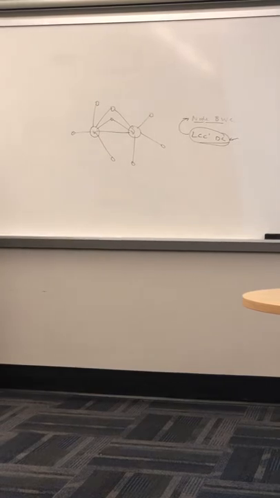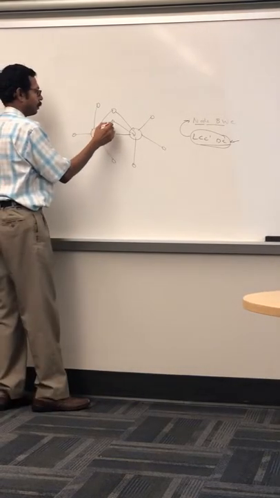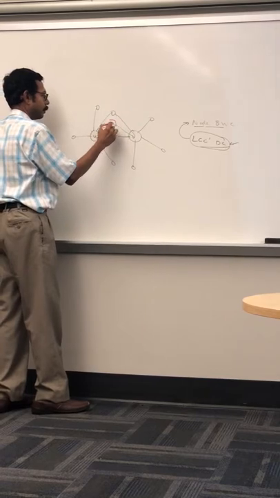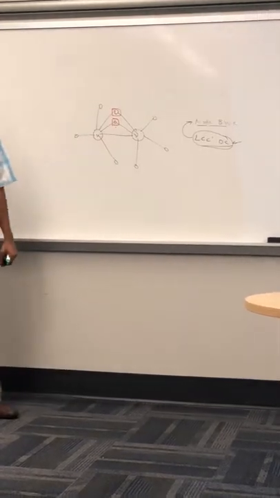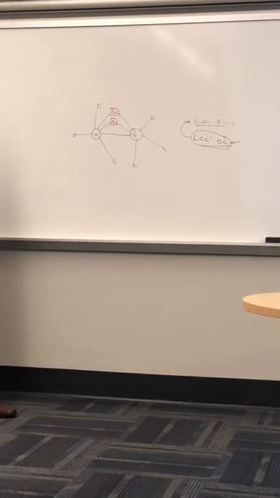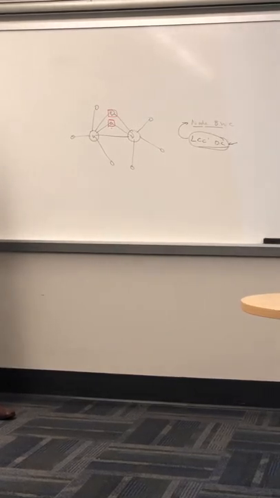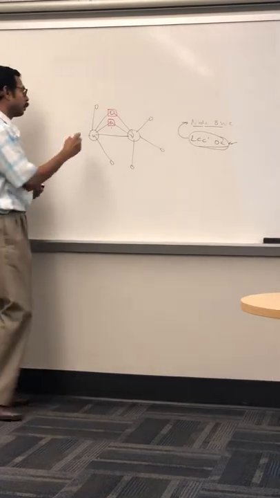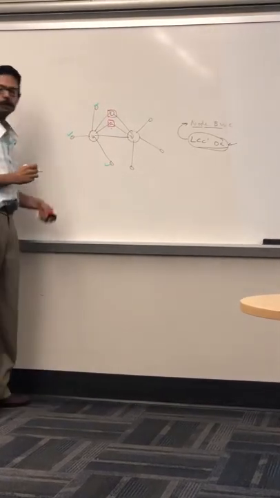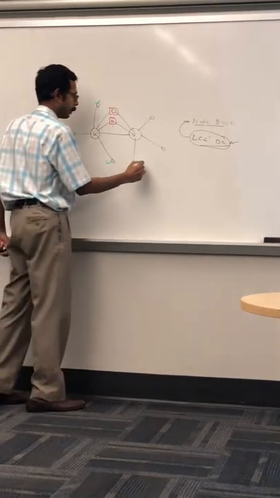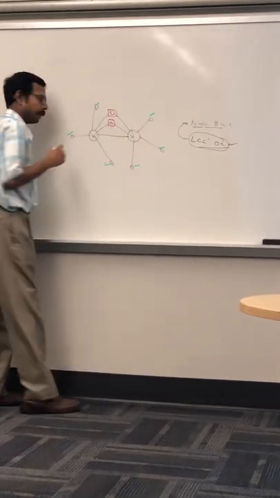In this example here, 1 and 2. So these are the two nodes that are common neighbors for both U and V, right? Any other common neighbors? No. So this one is just a neighbor of U, this is a neighbor of U, this is a neighbor of U. Similarly, this is a neighbor of U, and this is a neighbor of V, right?